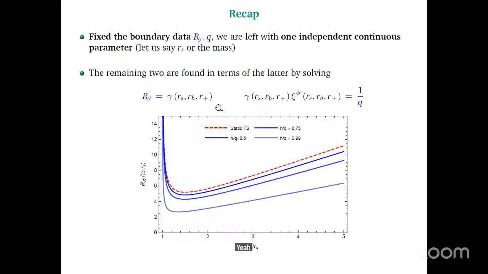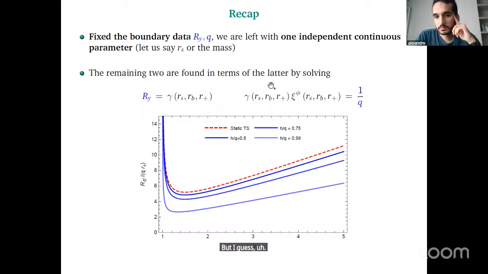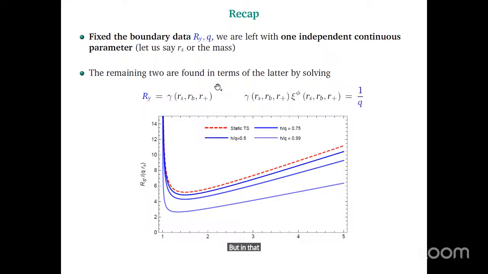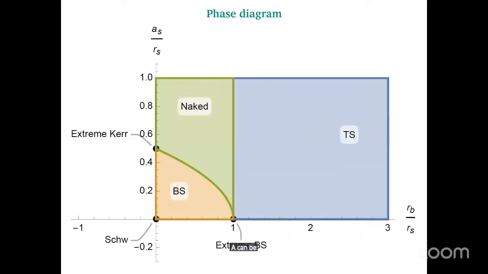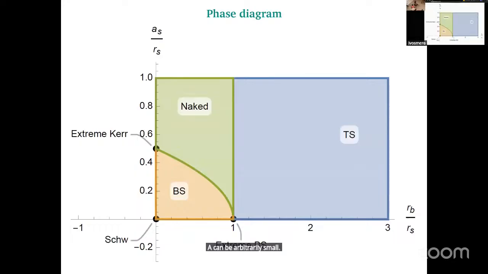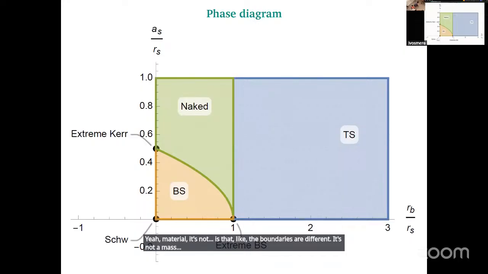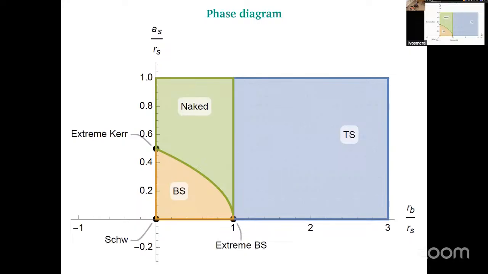But in that phase diagram that you have in the other picture, A can be arbitrarily small. Yeah, but here it's not. The boundaries are different, and it's not a mass-spin diagram, and it's not regular. There is no regularity condition imposed here.